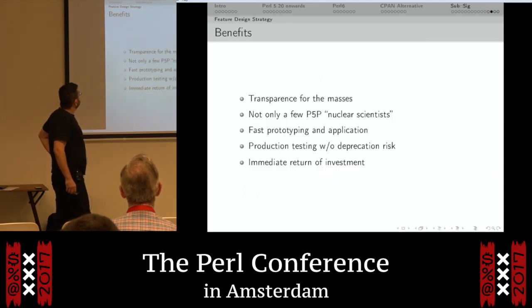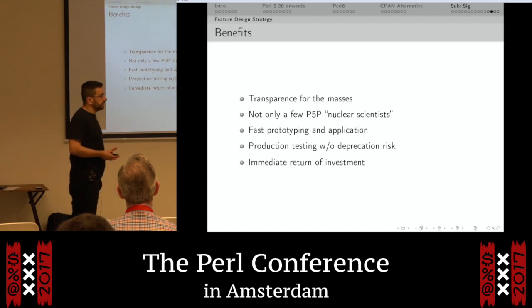So the benefits of this design strategy: it's transparent for the masses. I don't have to know any C or XS. I don't need to find the phone number of Reini or someone else. I don't need to talk a lot with P5P because it's not going into core directly. Have fast prototyping and production testing without deprecation risk, and immediate return of investment.